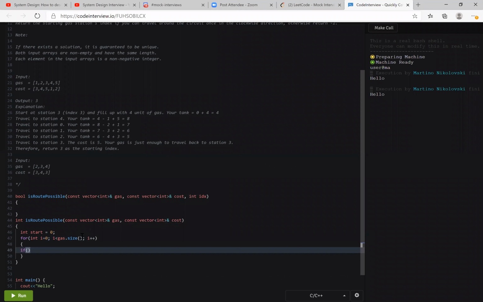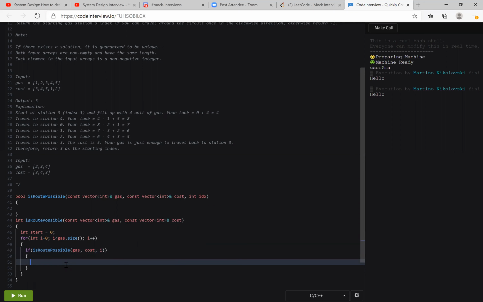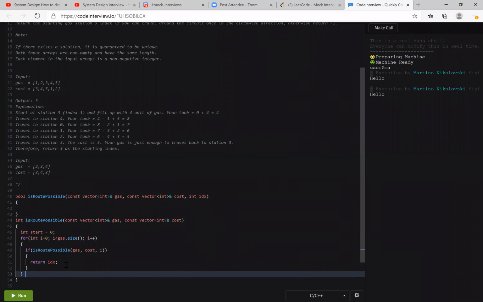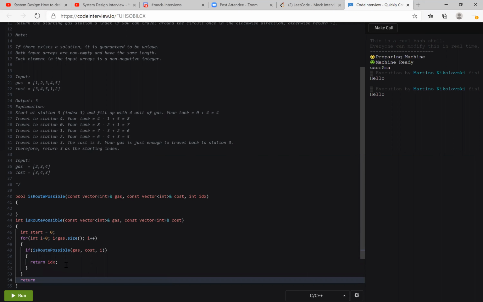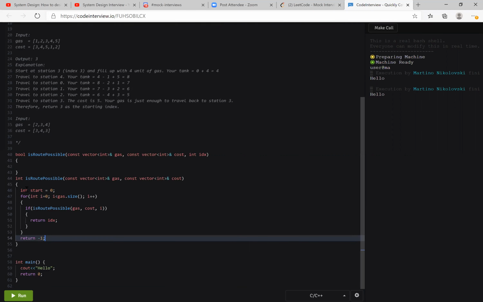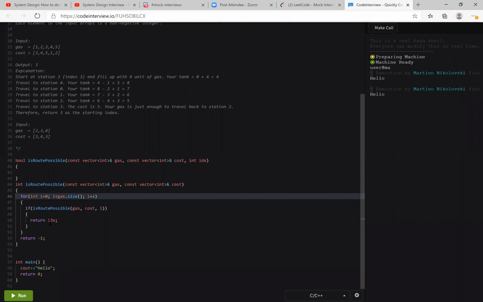And anytime we get there, we can return gas, cost and the i. So if this is true, then just return the index. Okay, and let me code this part.